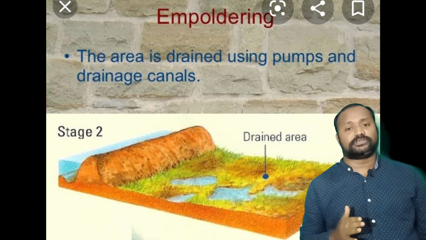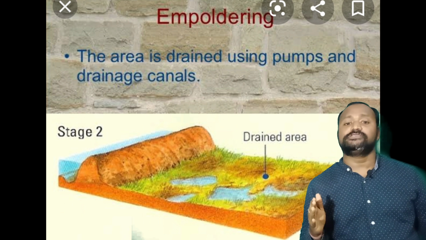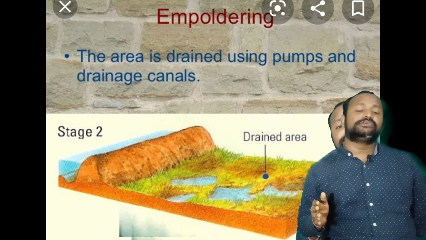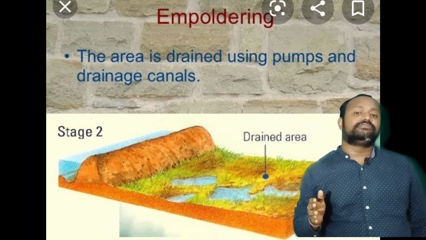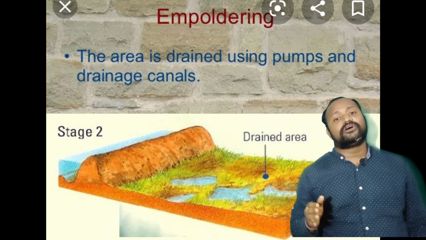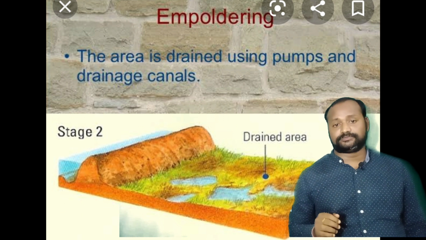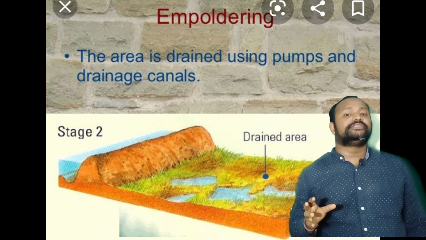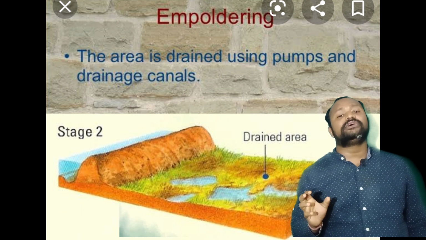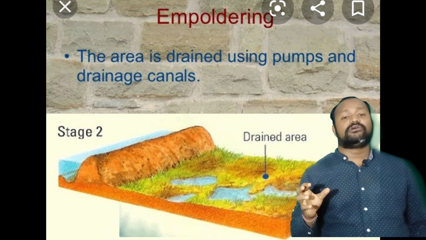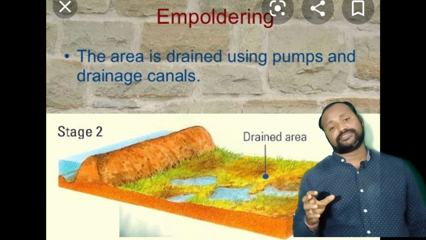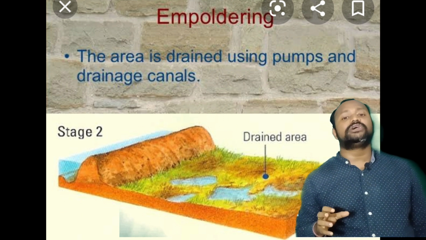What is empoldering? Next we are going to discuss empoldering. Empoldering is a method of reclamation of land. Normally it is applied in low lying regions near the sea or lakes.